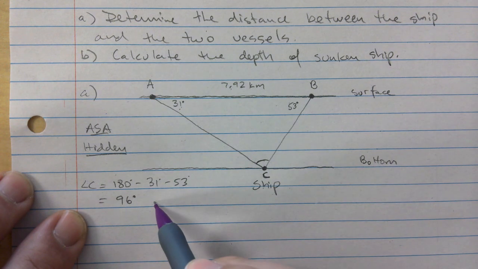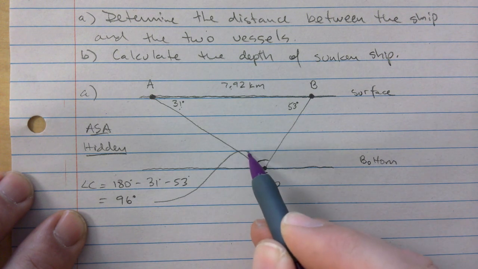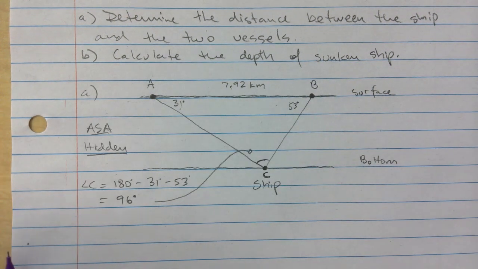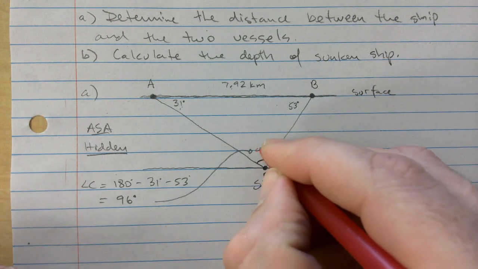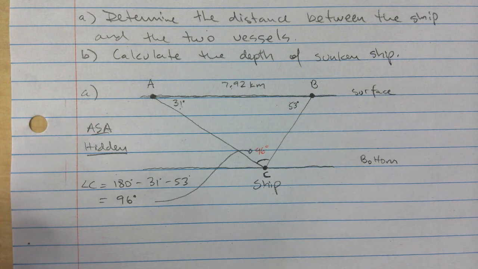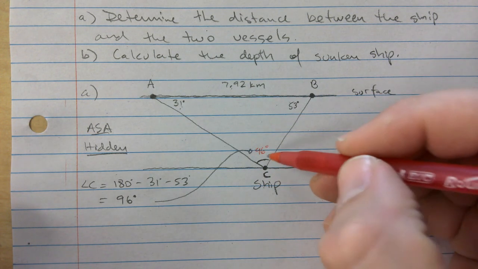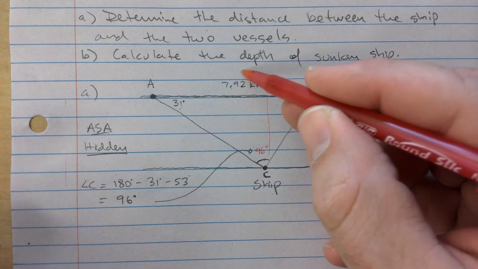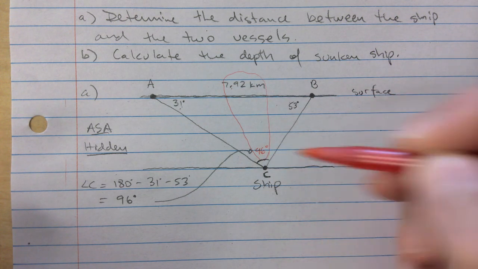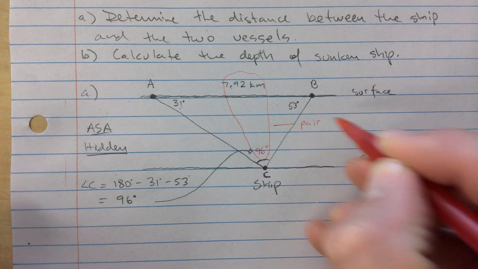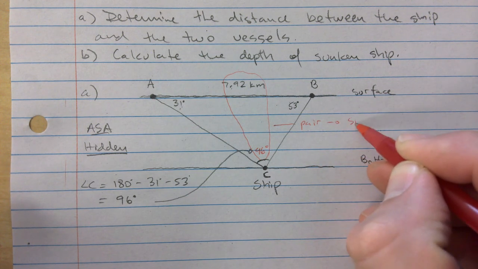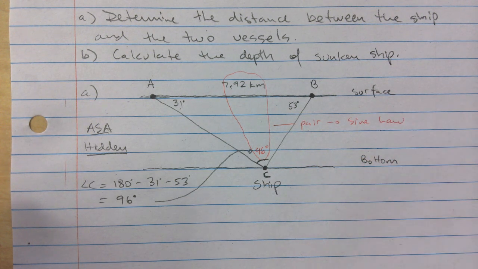So I now know that this is 96 degrees. Now you have a pair. Sometimes I circle a pair, okay? Pair, sine law.